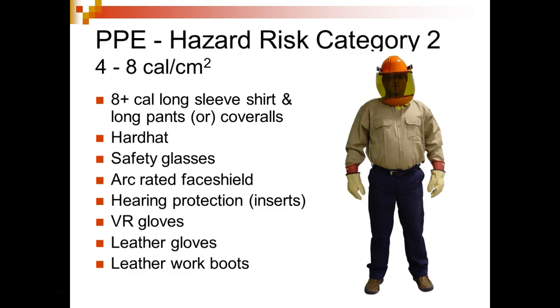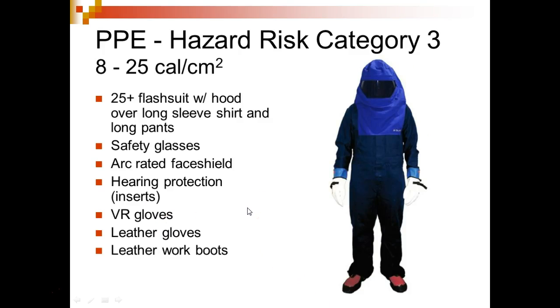Yeah, the clothing or shirts that you wear, right? They have to be now rated at 8+ calories, right? Long sleeve shirts, long pants or coveralls, hard hat, safety glasses, and the rest is the same. Are we okay?